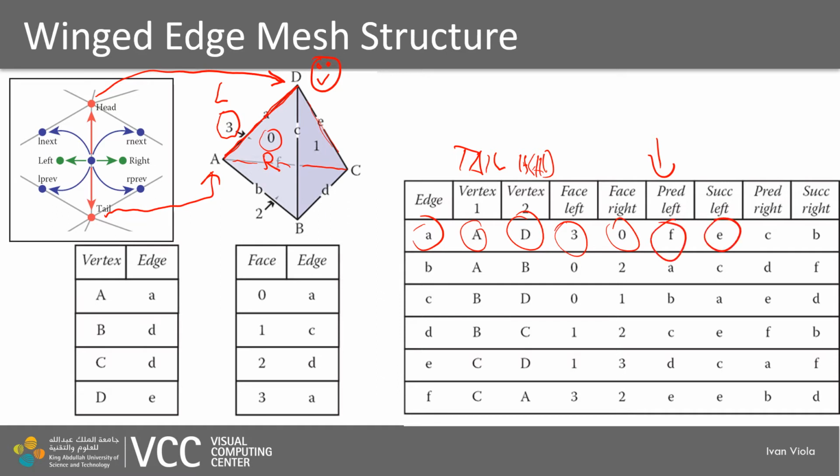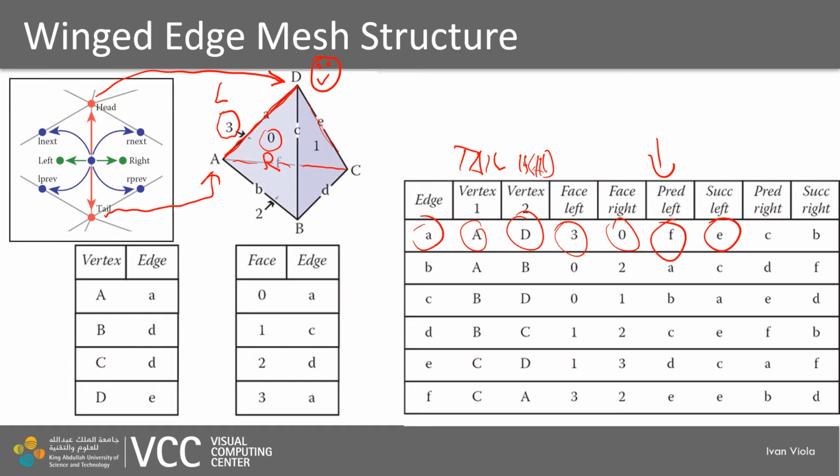So we have these two, and now we have also for the right. Now this is easier to imagine. Which edge is previous in the counterclockwise way?